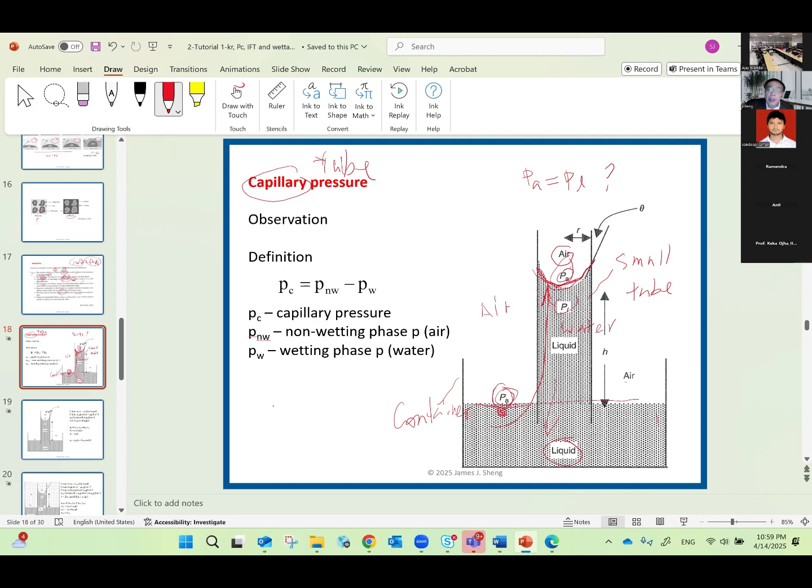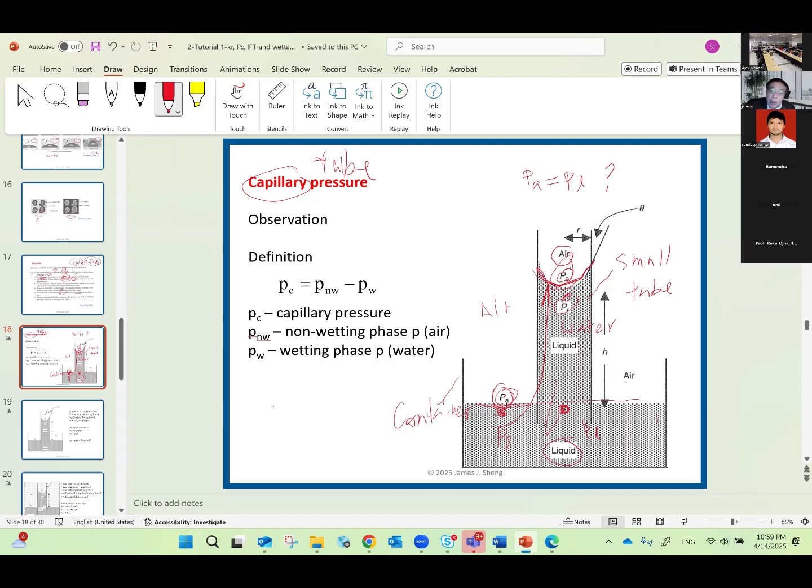Okay, it's flat. All right, so this water pressure is at the same depth, the same level. So this pressure must be the same, right? Here is PL, here is also PL. These two liquid pressures should be the same. But then here we have another PL at the top.